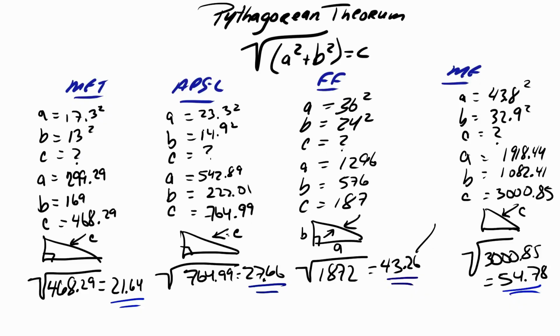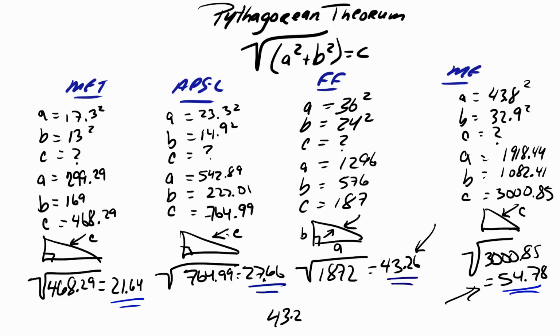Now it is just a simple step of dividing the one that we're looking for by the one that we are currently at. So let's take a look at what the crop factor is, for example, for an R5 in comparison to a GFX 100. How do we do that? All we have to do is take that diagonal length, which is that magic number of 43.26, and the medium format number of 54.78, and do the division.